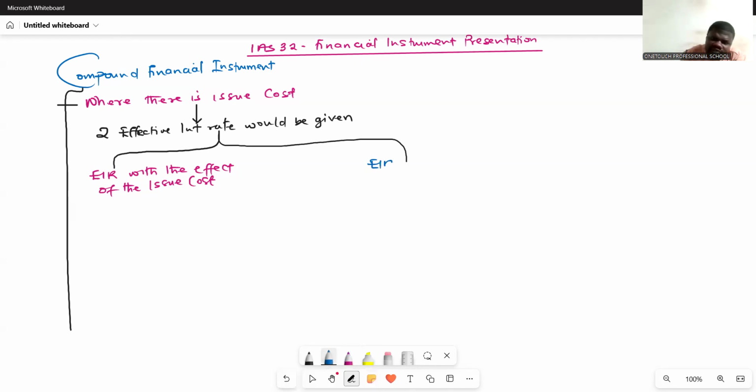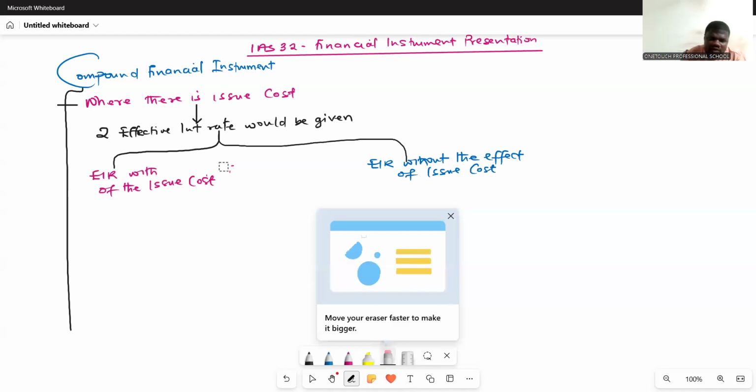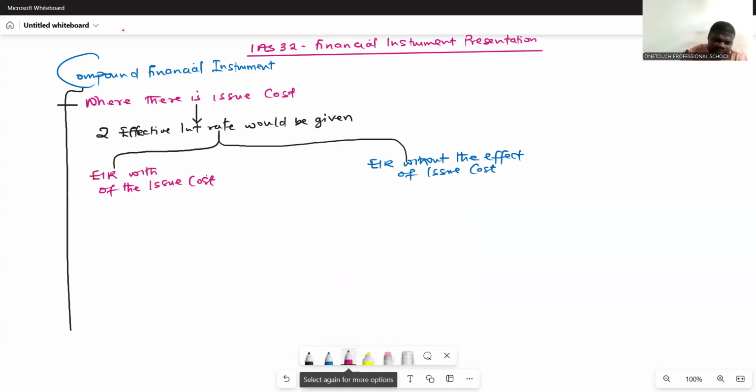Then we have the effective interest rate without the effect of issue cost. So let me change this. I want the without to come first because of what I'm going to write. Without the effect of issue cost. Then effective interest rate with the effect of issue cost.